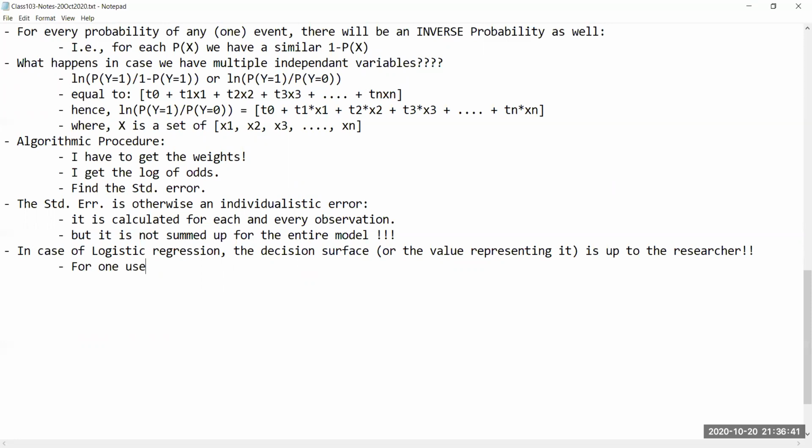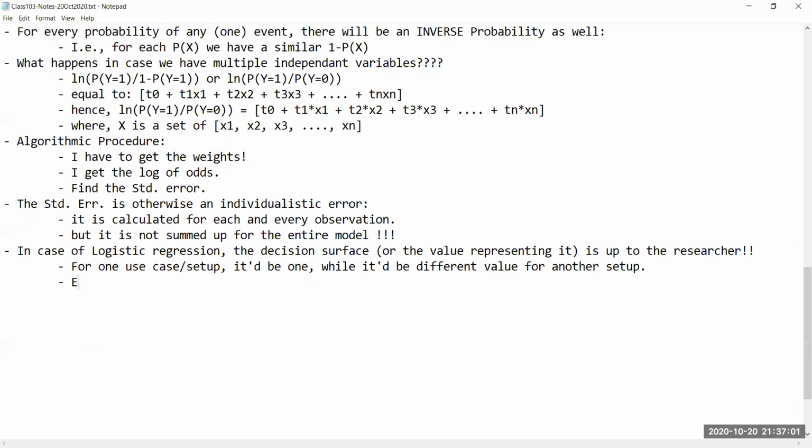For one use case or setup it would be one value, while it would be a different value for another setup, right?